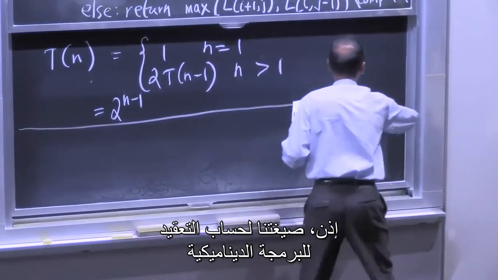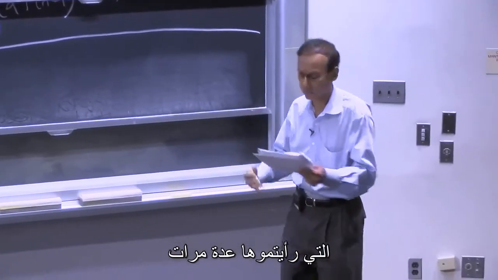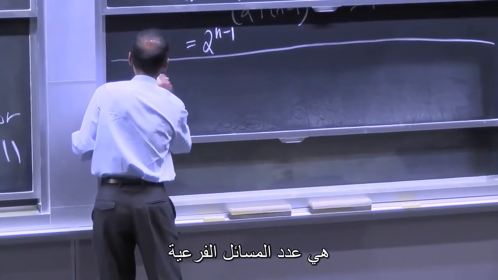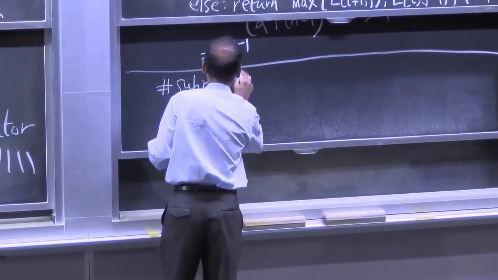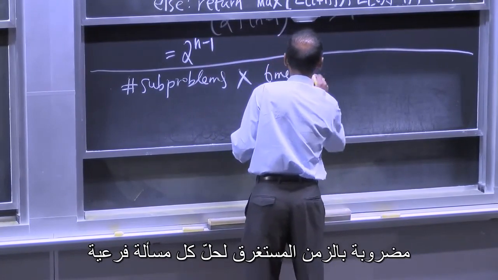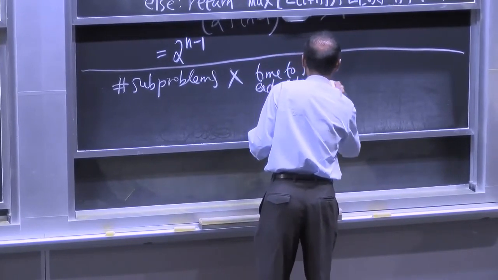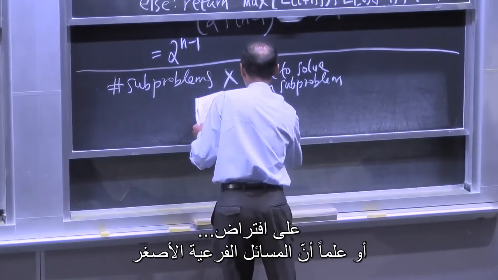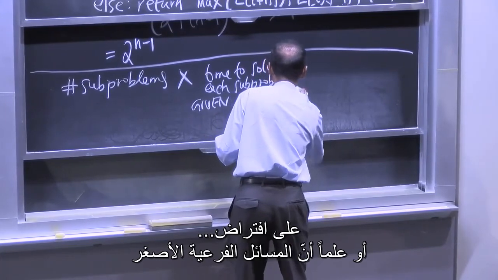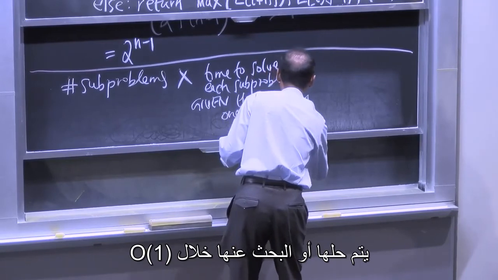So our formula for computing the complexity of a DP that you've seen a bunch of times, and I mentioned in the very first lecture as well, is number of subproblems times time to solve each subproblem, assuming or given that smaller ones are solved, or a lookup is order 1.